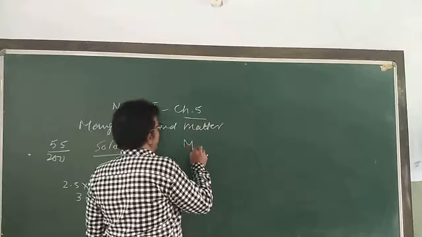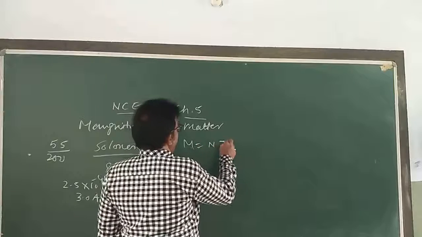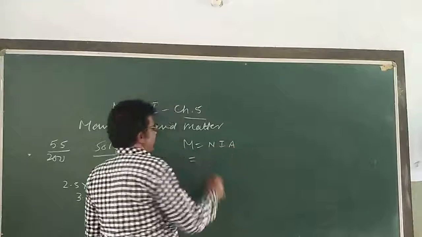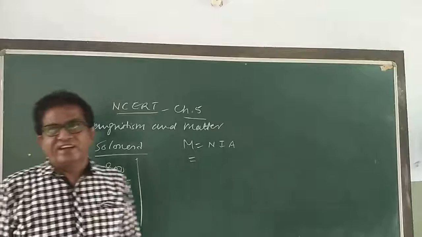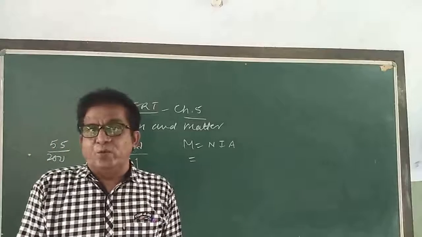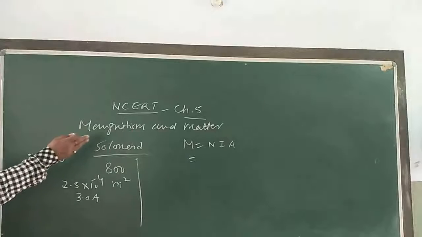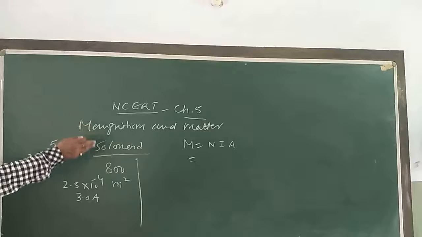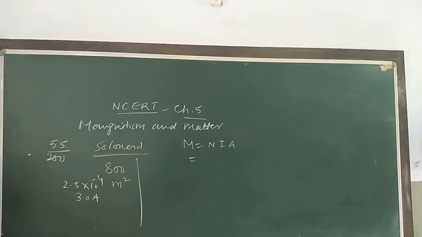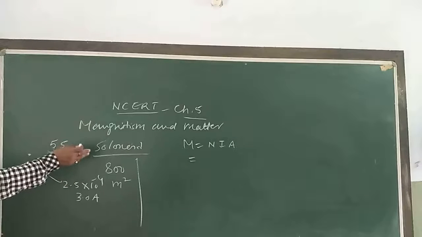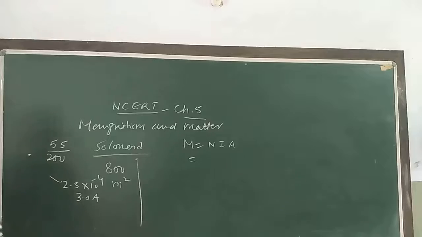The formula for the magnetic moment, my dear children, is NIA. This is a very important formula. NIA: N is the number of turns, I is the current, and the area is given. The sense is determined by the direction of current.